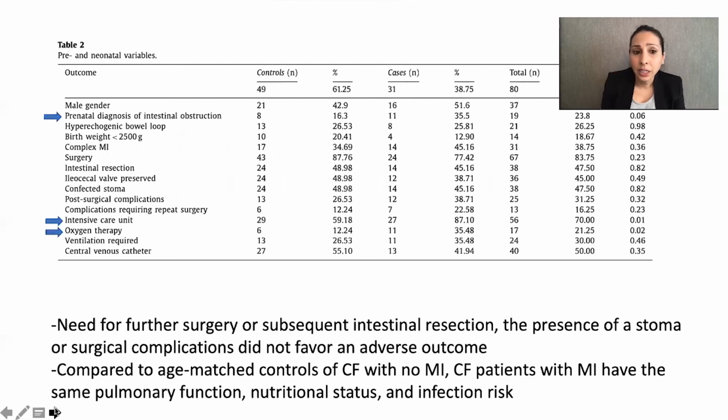In that study, it was found that the need for further surgery or subsequent intestinal resection, the presence of a stoma, or surgical complications did not favor an adverse outcome. Compared to age-matched controls of CF that had no meconium ileus, CF patients with meconium ileus had the same pulmonary function, nutritional status, and infection risk.